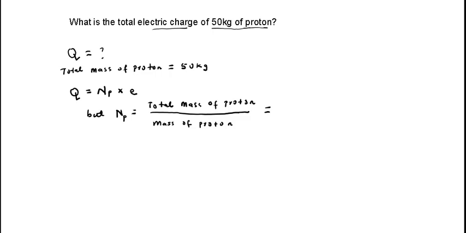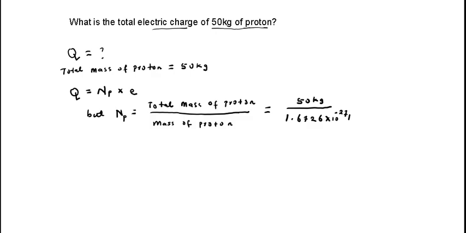Example. So here the total mass of proton is 50 kilogram. And the mass of one proton is equal to 1.6726 times 10 raised to power negative 27 kilogram.